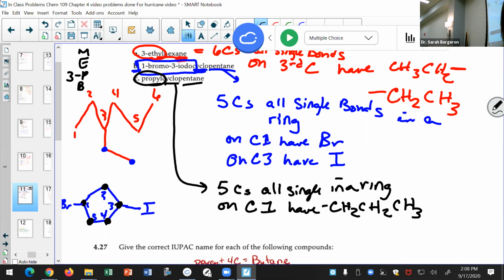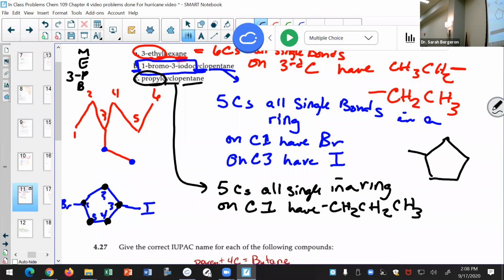So when I draw this, I'm going to draw my same ring, 5 carbon ring. Now, does it matter where my carbon 1 is? It doesn't matter. I only have one group. So I'm going to put it coming off. So that's 1 carbon.